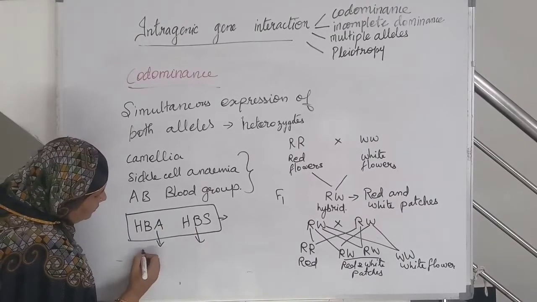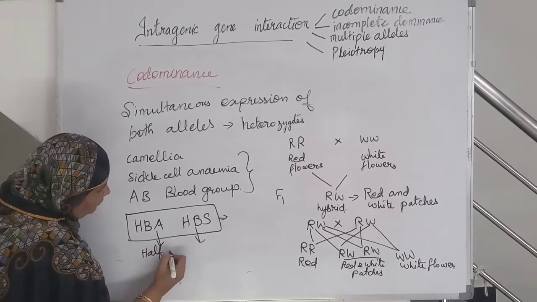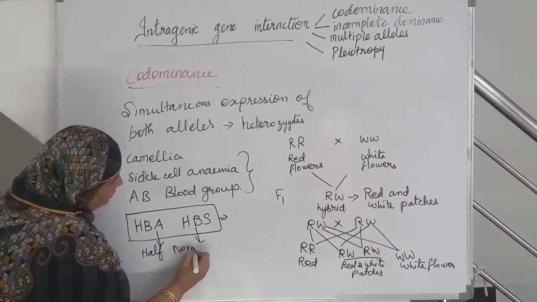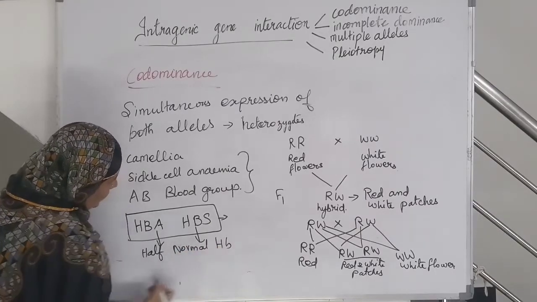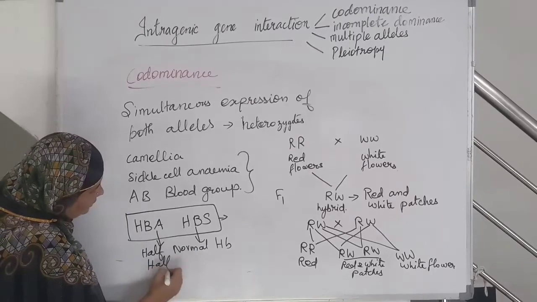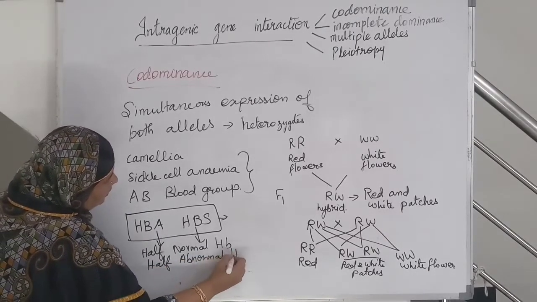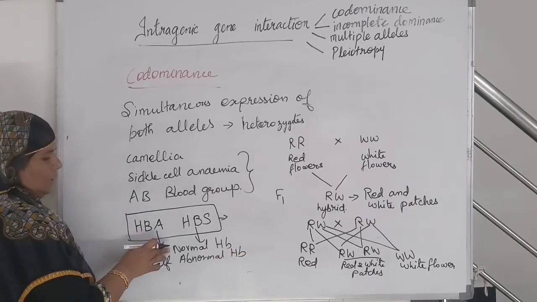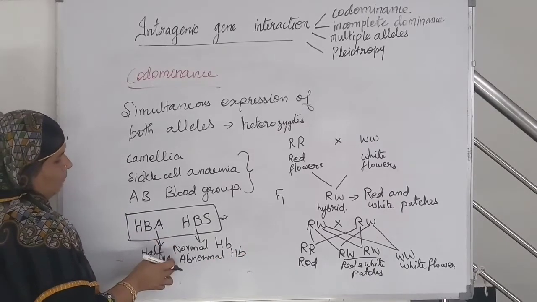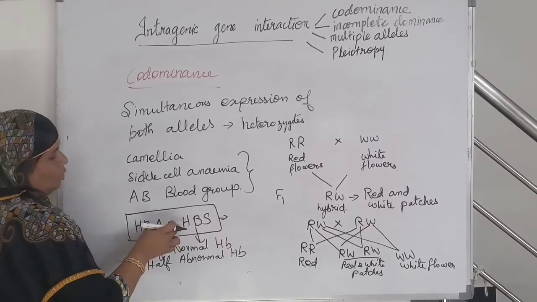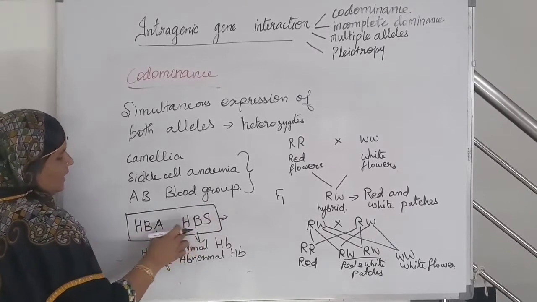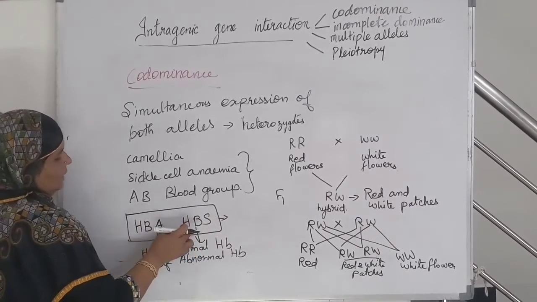They have half normal hemoglobin and half abnormal hemoglobin. So normal hemoglobin as well as abnormal hemoglobin is produced by HbA and HbS.